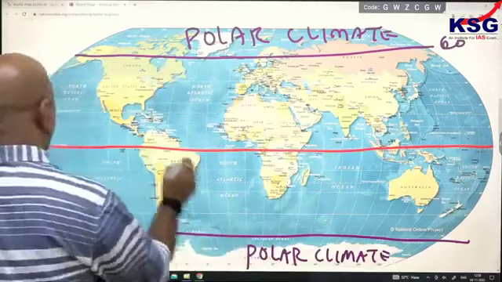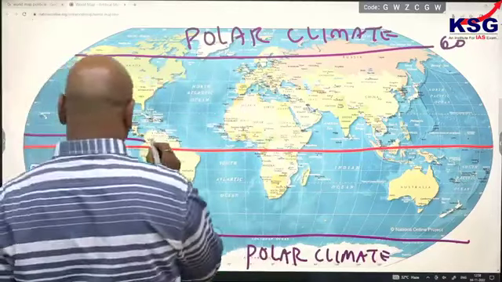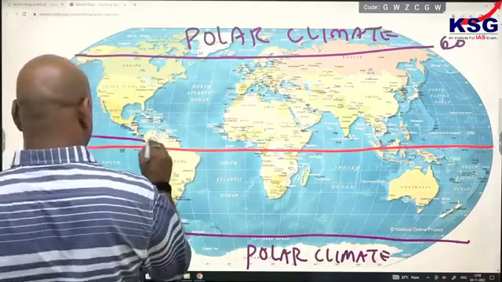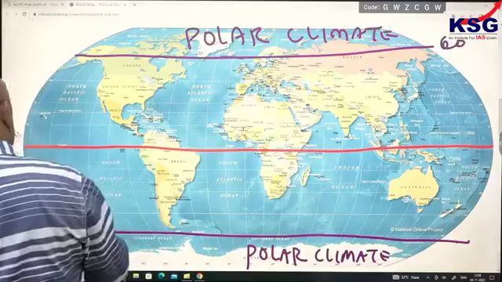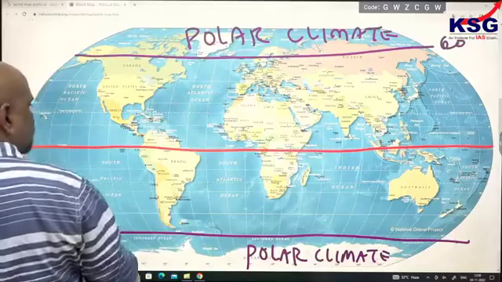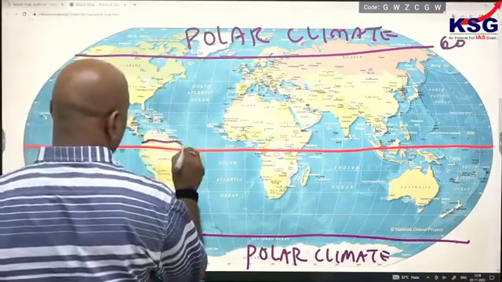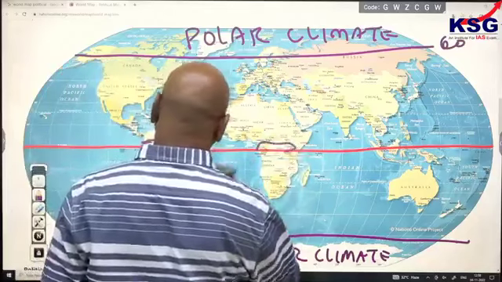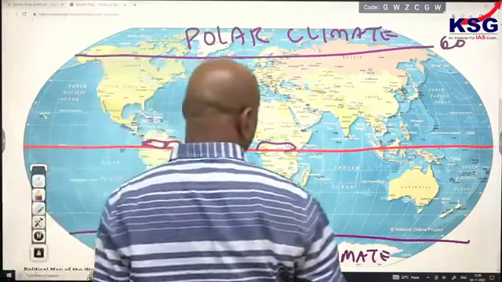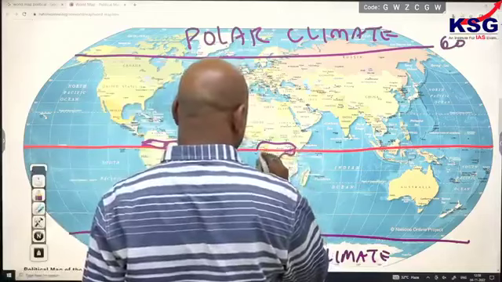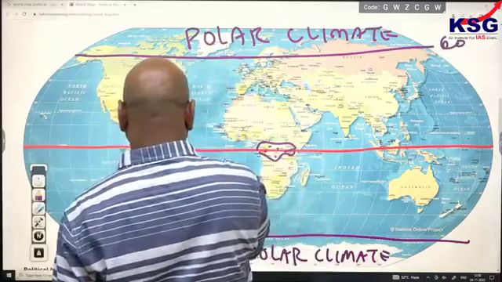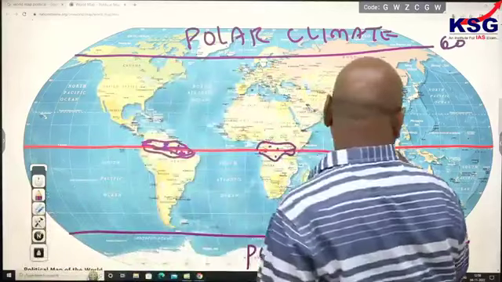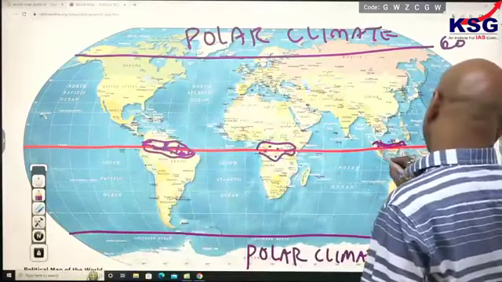Now up to 10 degree I said earlier that this will have your equatorial climate, this side also equatorial climate here. Here you have the equatorial climate up to this.